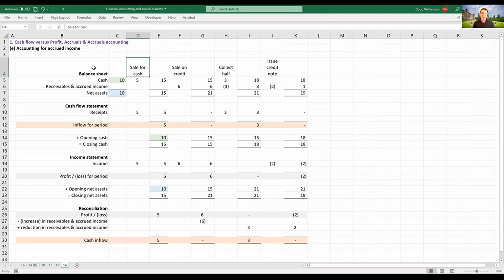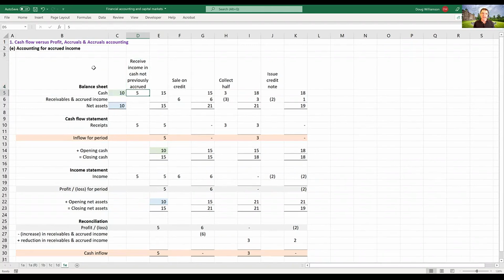So let's say we receive income in cash, not previously accrued.